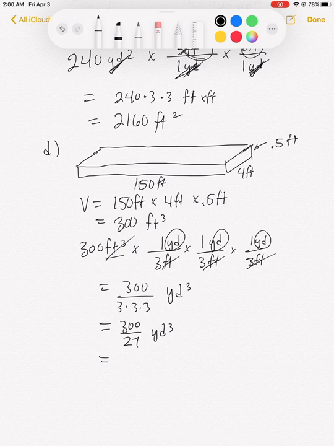And when I do that, 300 divided by 27 is about 11.11 repeating, so it goes on forever. We'll stop with that one and copy down our yards cubed. Okay, so number 9, we have currency conversions.